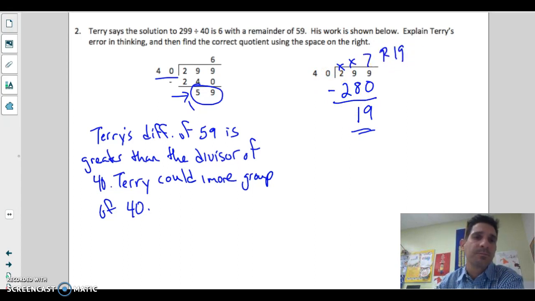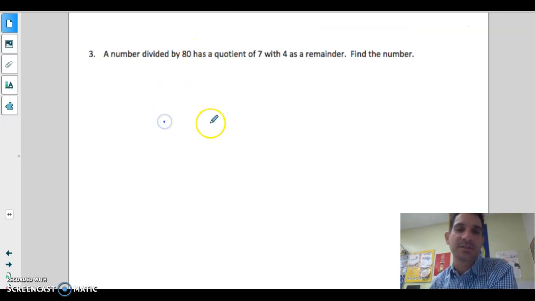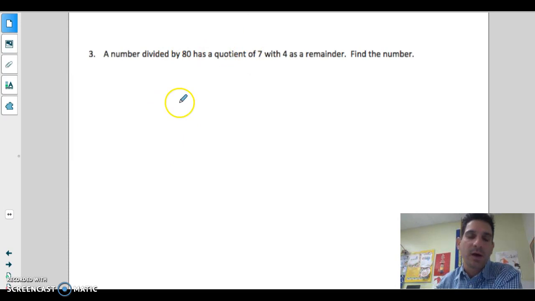One more. A number divided by 80 has a quotient of 7 with 4 as a remainder. Find the number. These are fun problems because this is kind of like trial and error. So what do I know? I know that a number divided by 80 has a quotient of 7 with 4 as a remainder.